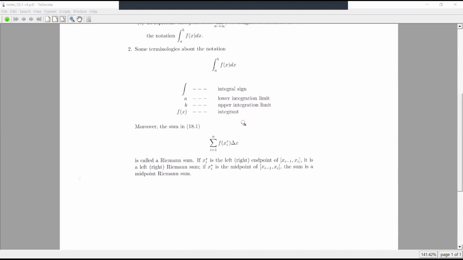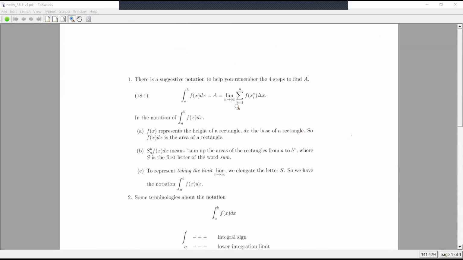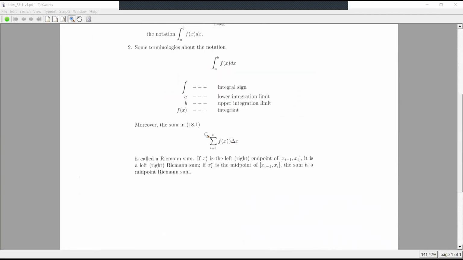And we also give a name to this sum, the summation of the areas of rectangles. We call this sum a Riemann sum.